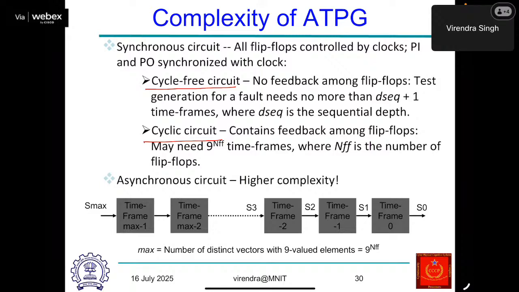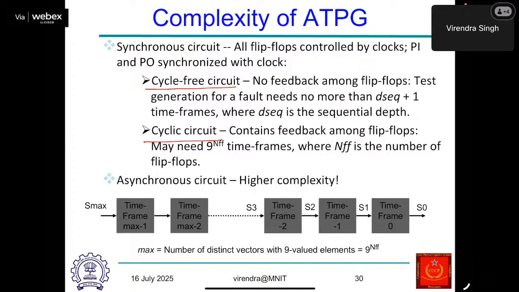Often we have circuits with cycles, but there are circuits without cycles, I mean cycle-free circuits. For example, a circuit that you may use in pipelining of a microprocessor. Between the two stages you have some registers, right?